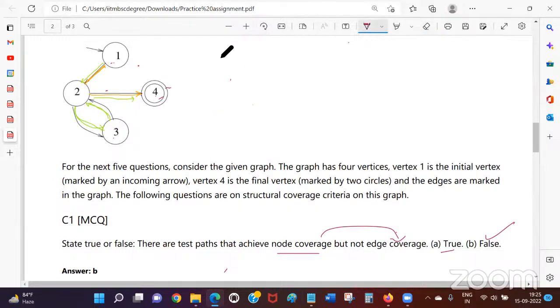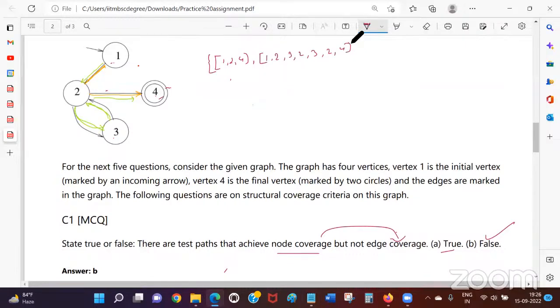We can do this without so much drawing; it's a simple way to do this checking. So 1, 2, 4 and, drawing from this image, 1, 2, 3, 2, 3, 2, 4. This is what I had.